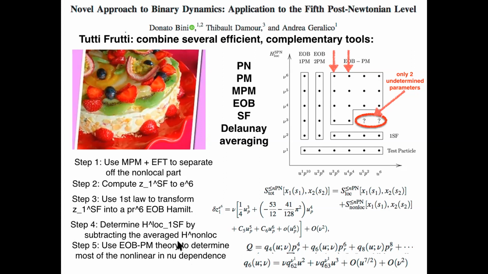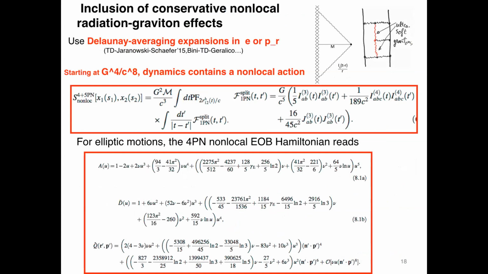SelfForce gives you terms in the Hamiltonian divided by the reduced mass mu, so scaled by mu, where the terms linear in nu are computed from SelfForce. This allows to compute most of the terms in the Hamiltonian at 5PN and 6PN. For instance, at 5PN, you determine everything except two undetermined parameters.